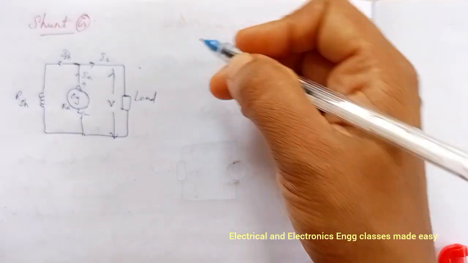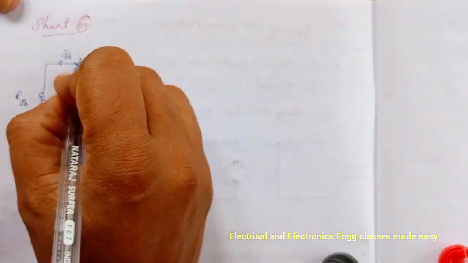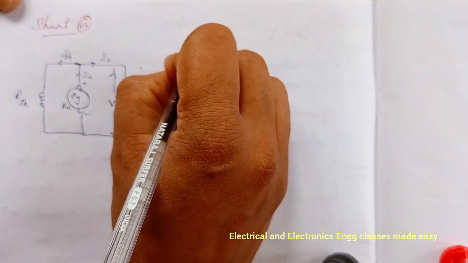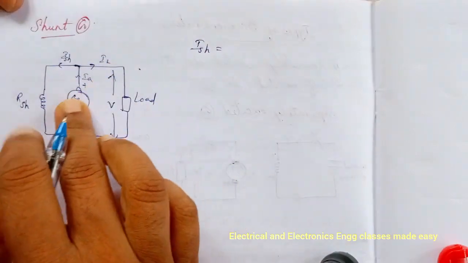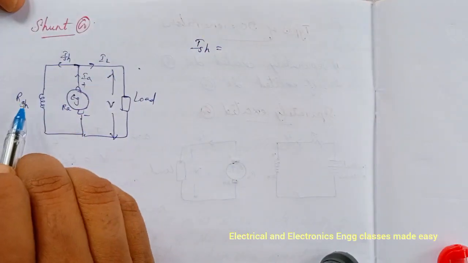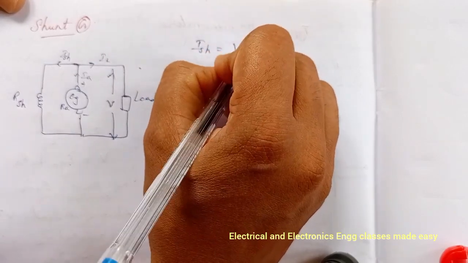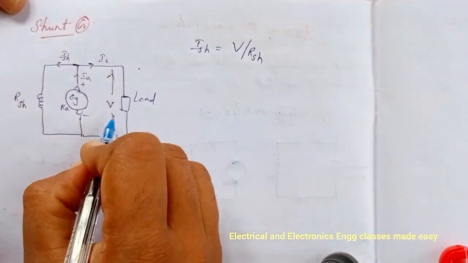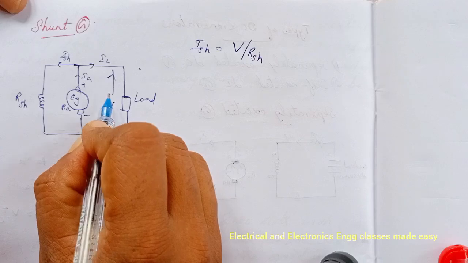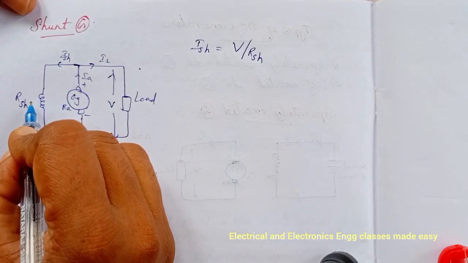Then we can write ISH. So here the shunt field current ISH is equal to V divided by RSH, because the terminal voltage is applied across the field winding.